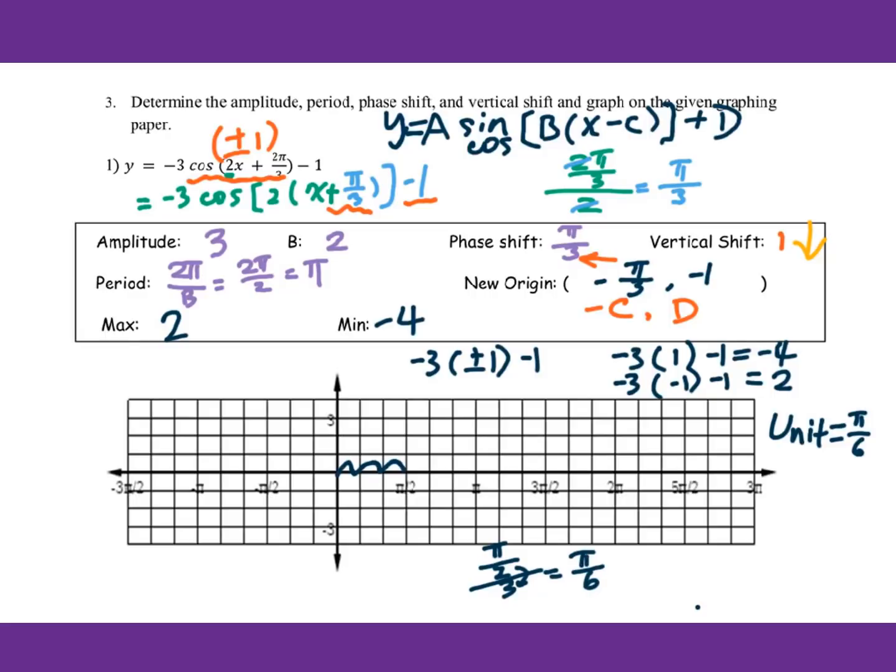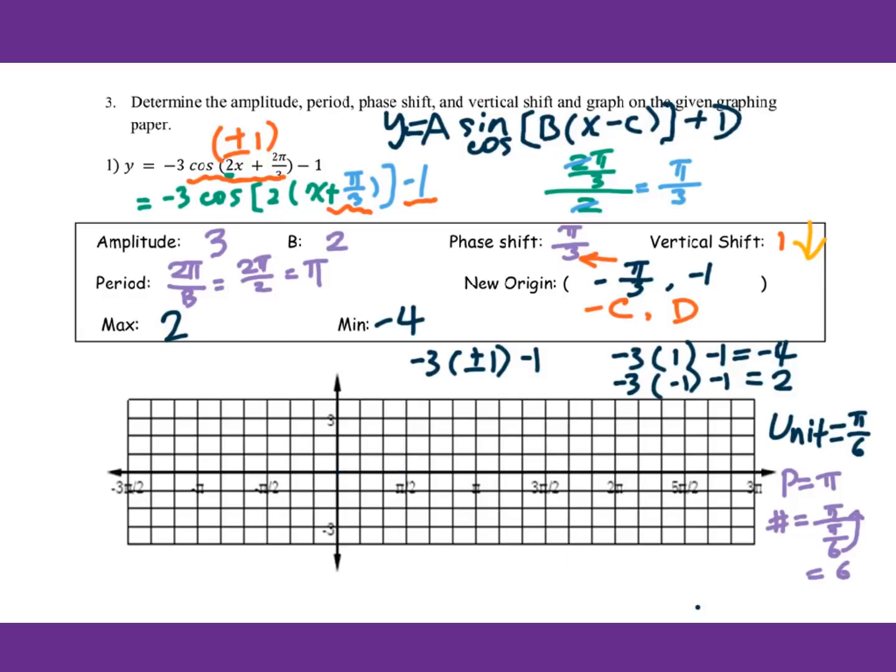The period of the given trig function is pi. So how many units in this given graphing paper stand for one period of this trig function? We do pi divided by pi over 6, you will get 6. 6 units stand for one period.